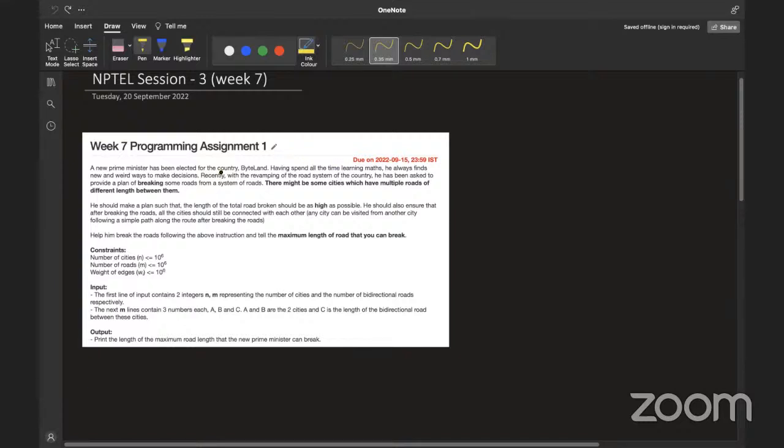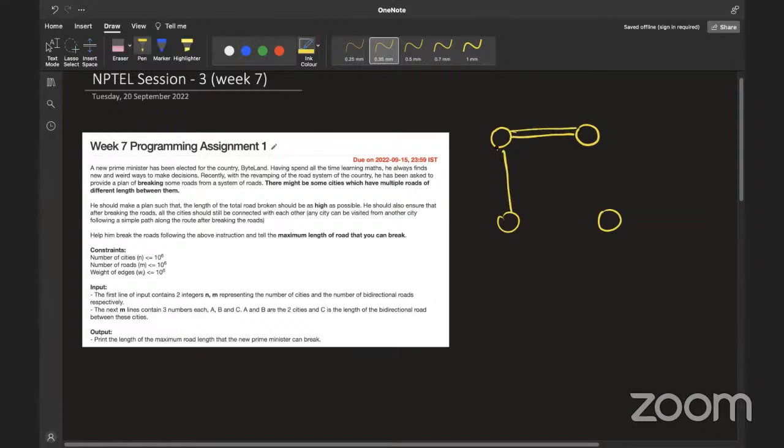So there's a story and all, but the main thing that the problem is asking is you'll be given a set of cities and there will be some roads between these cities. There can even be multiple roads from a city to another city.